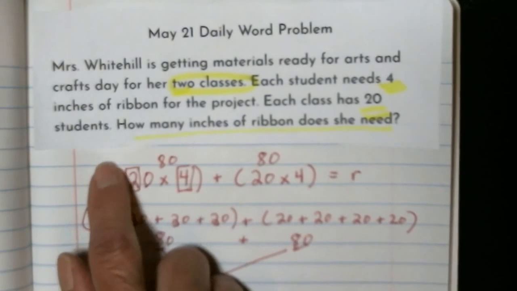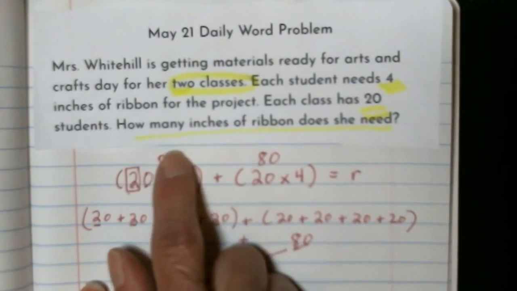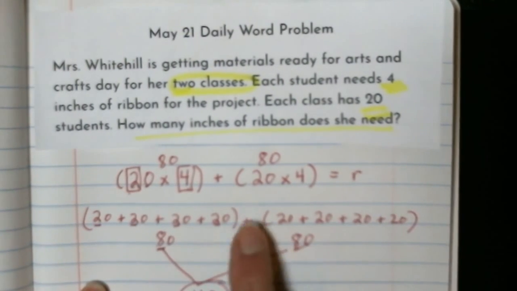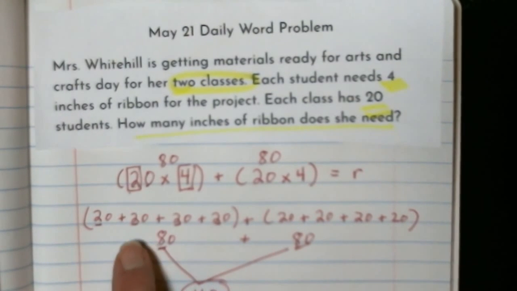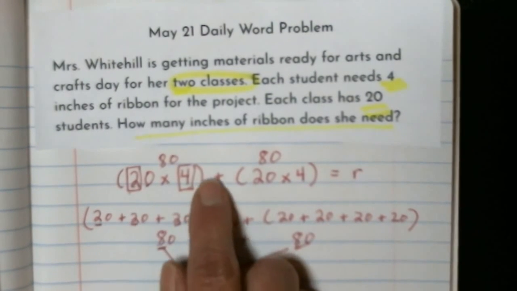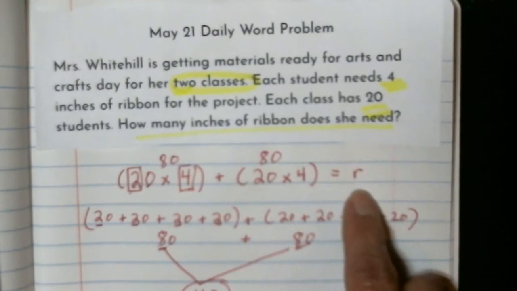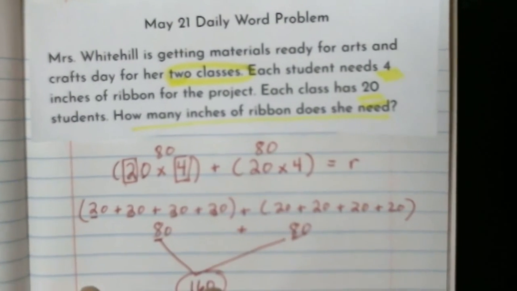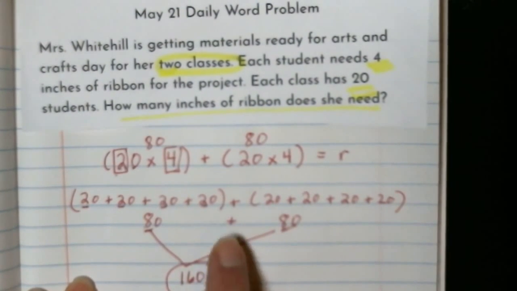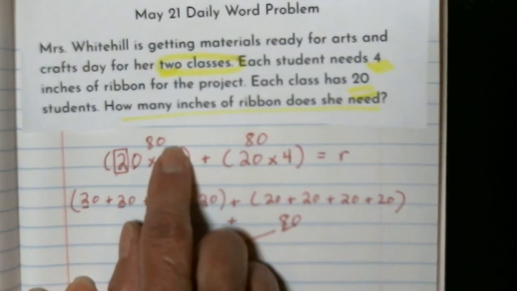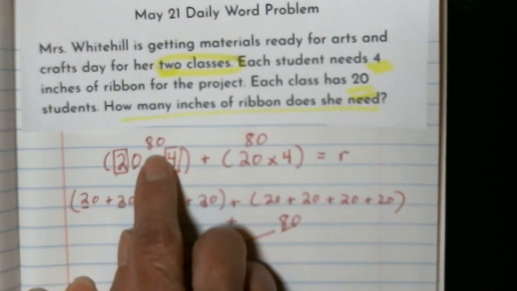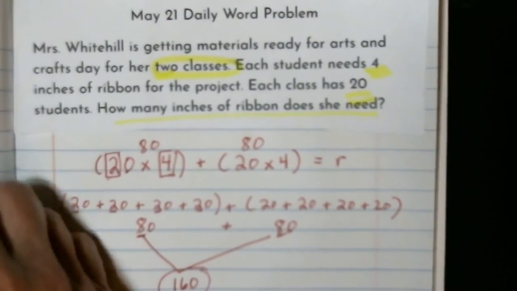Now to find our total answer, we wrote an equation. We wrote an equation and we found the answer: 20 times 4 plus 20 times 4, and we found out that was 160. So that is an equation. So this 20 times 4 is the expression that helped us find out how much ribbon was needed for each class. Let me give you another example.